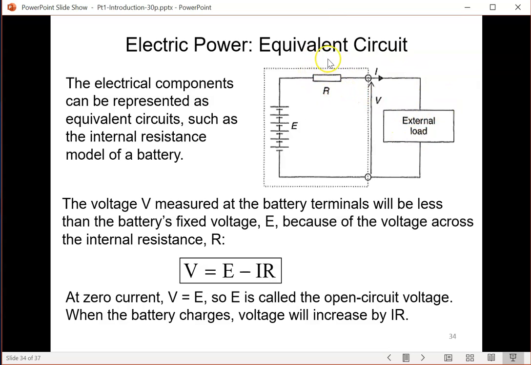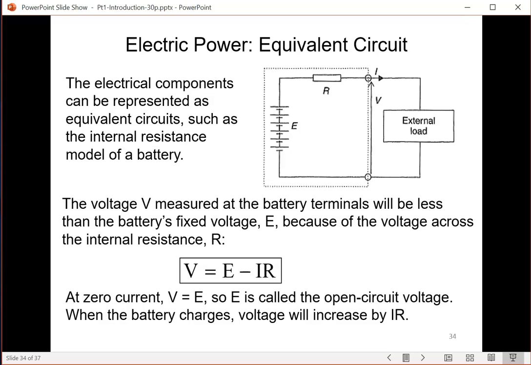So the power of the resistor plus the power of the external node should equal the power of the battery itself. So EI equals I squared R plus V times I. They have to be balanced.